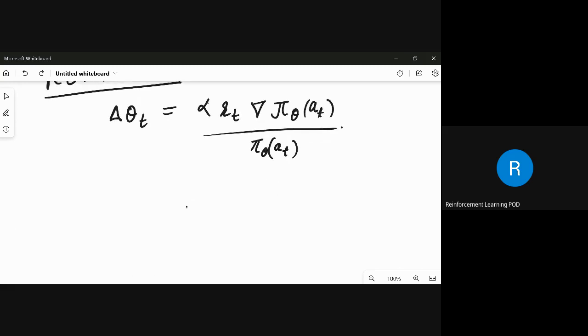Now the REINFORCE paper from Williams that came in 1992 made one more change in the formulation, which converts the gradient of the policy directly to the gradient of the logarithm of the policy.